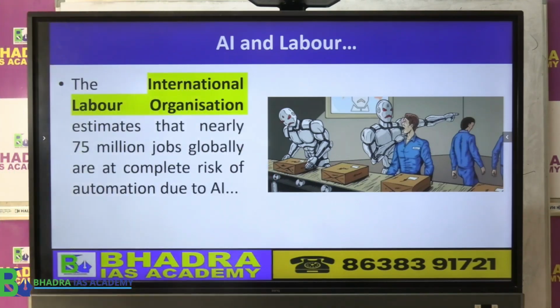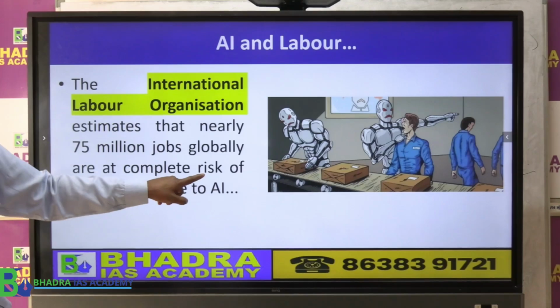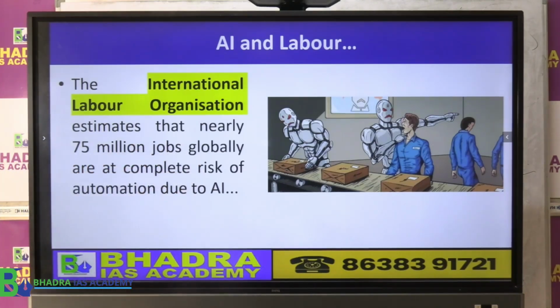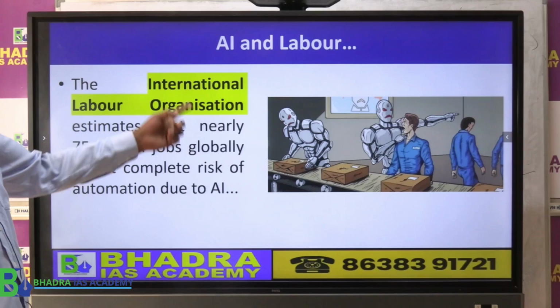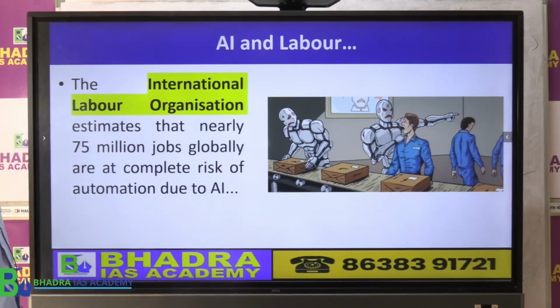If you see here, they estimate about 75 million jobs being at risk. That means people may not get these jobs. 75 million jobs may not be coming. They are at risk according to the ILO, International Labour Organization.